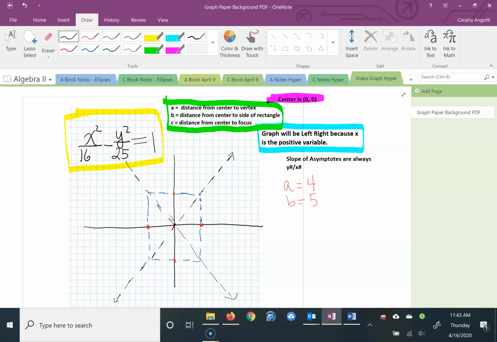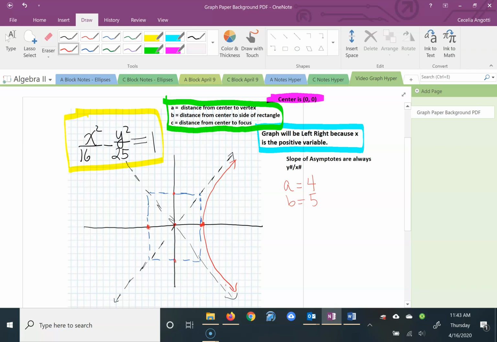At this point, I'm ready to draw my graph. It's a left-right opening, so this is my vertex. I can draw in this half of the bowl and the other half of the bowl.